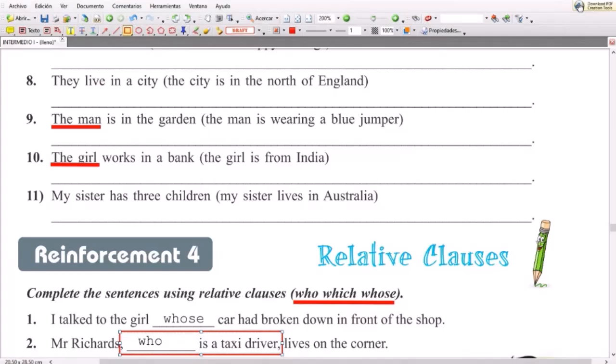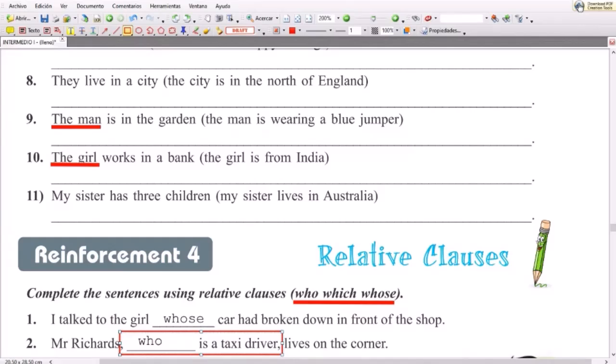It's something you want to add because it's important to you. If I say just Mr. Richard lives on the corner, that is my main sentence. Mira que hasta tiene el lives de tercera persona.